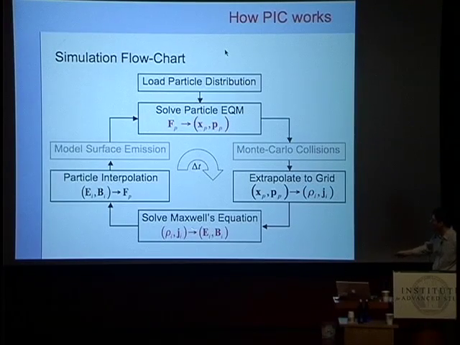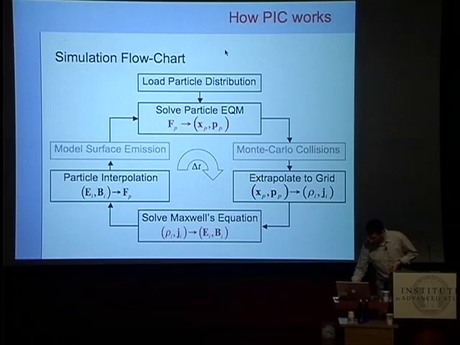Then you have a Maxwell equation solver that, given these charges and currents, can give you back the new electric and magnetic fields, because charges and currents are just sources for the electromagnetic fields. And then you have new E and B fields. You compute the force, and you go back, and that's your complete time loop.